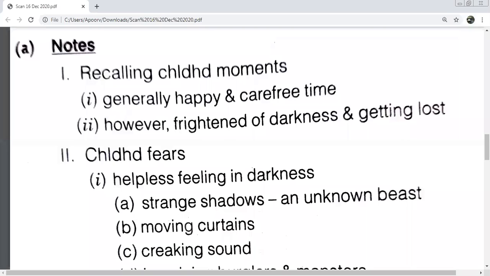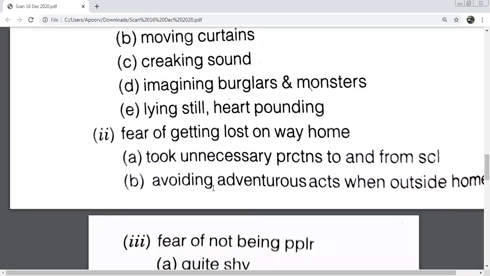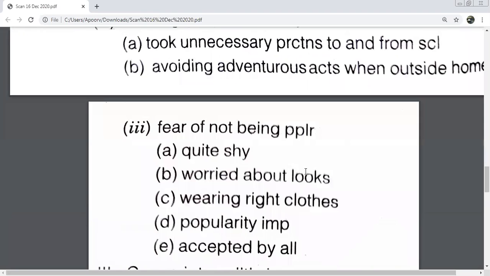Childhood fears. I think these points came to me from you people: helpless feeling, strange shadows, moving curtains, creaking sound, imagining burglars, monsters, lying still, heart pounding. This is the second heading they've given: fear of getting lost. Took unnecessary precautions to and from school, avoiding adventurous acts, fear of not being popular. Nobody took up this point.